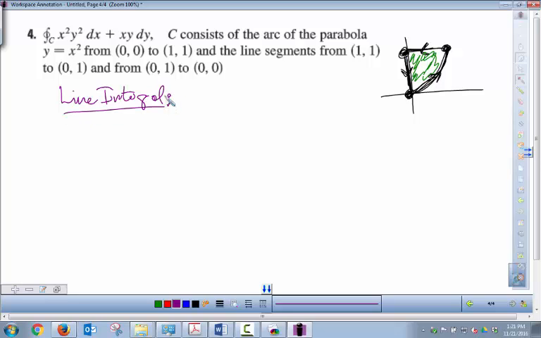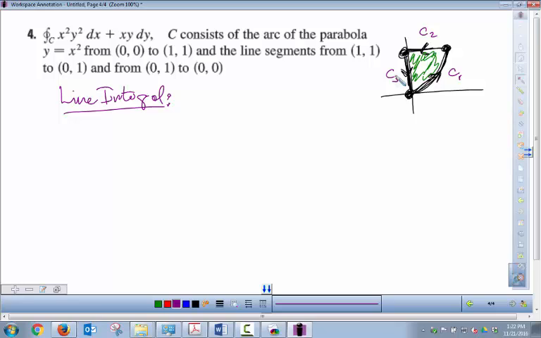Now, there's a few things going on here. First of all, this curve is a piecewise smooth curve, and it comes in 3 pieces. We can call this C1, C2, and C3. And so what we would have to do is find a line integral of each of these curves separately, and then add them together.